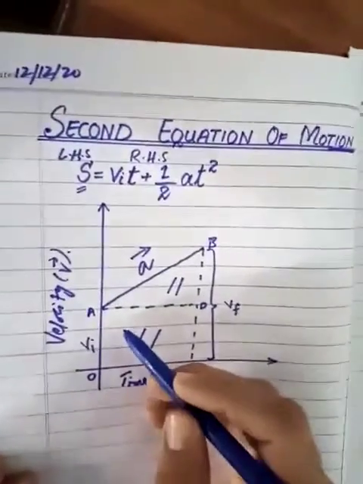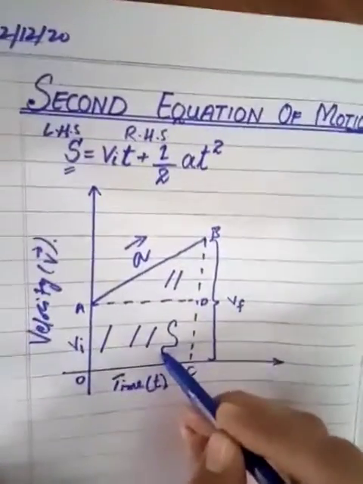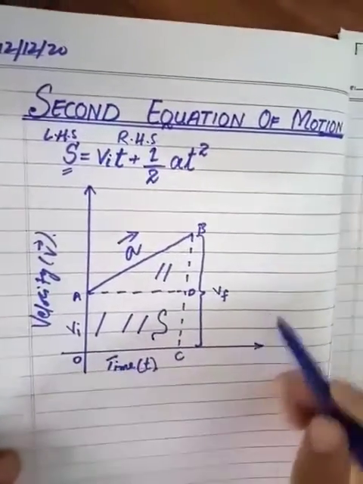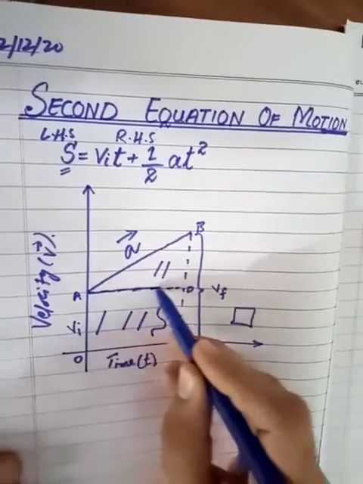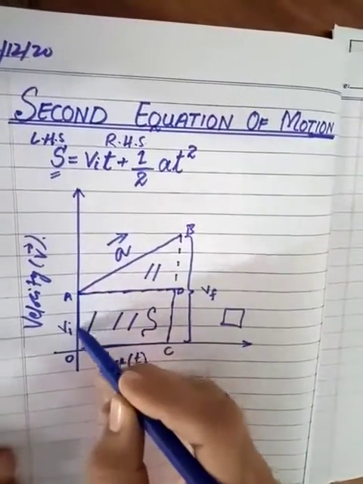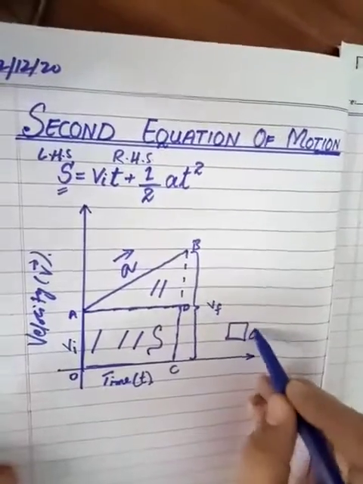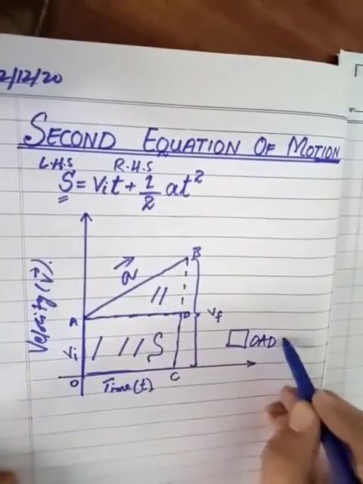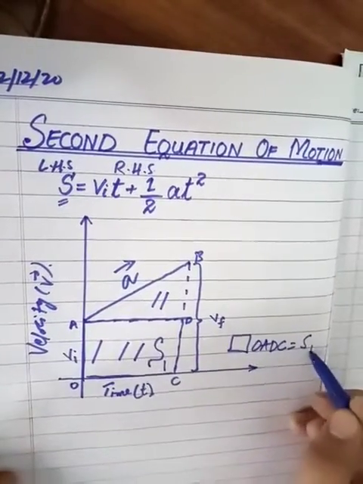We know that the area under the slope is equal to the distance covered by the body. So the area of the rectangle, here you can see a rectangle with four sides, the rectangle OADC, is equal to distance 1.